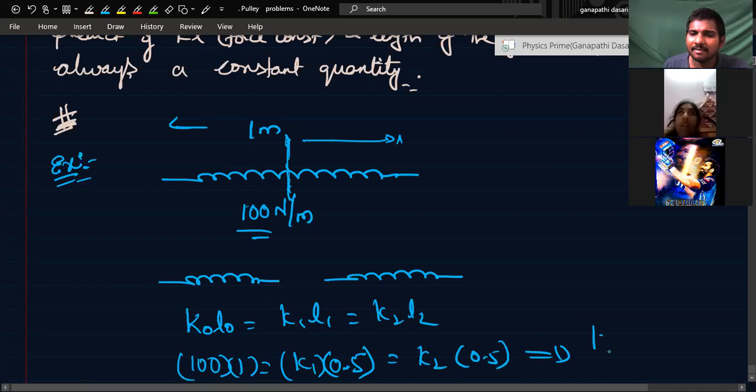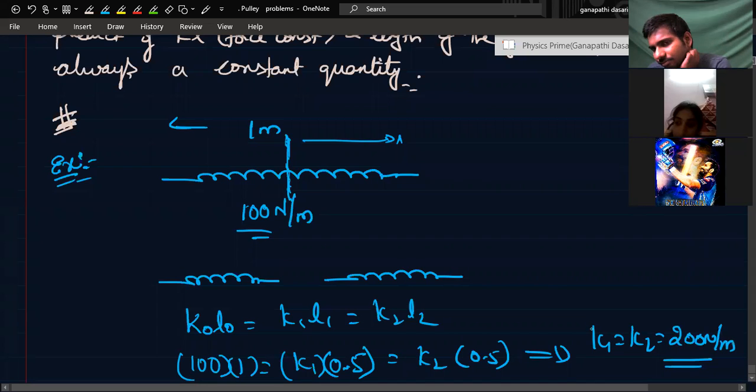That implies K1 is equal to K2 is equal to 200 Newton per meter. You got it?